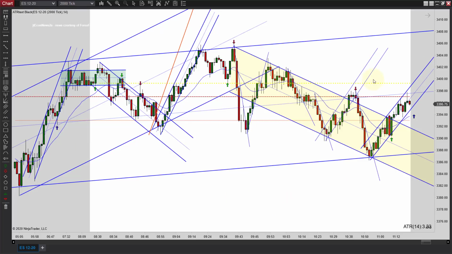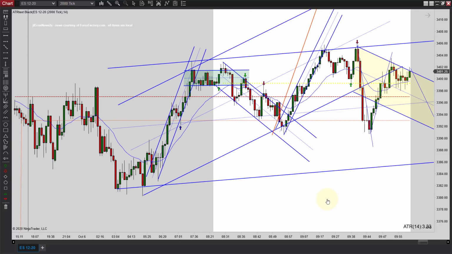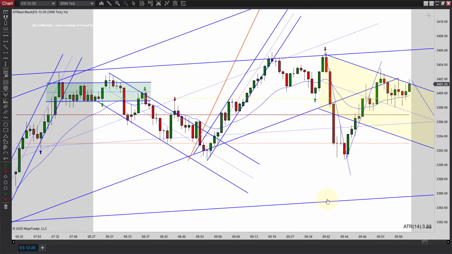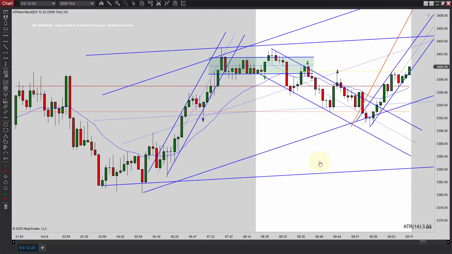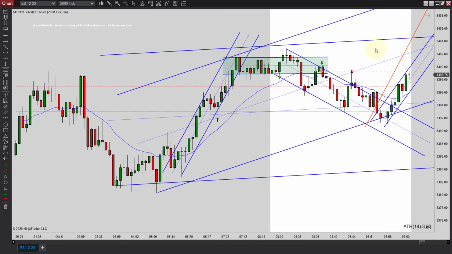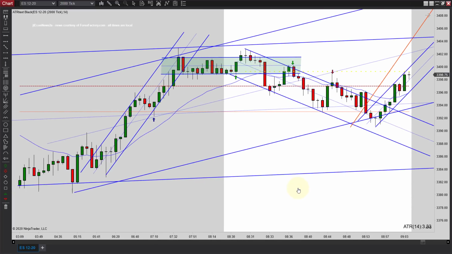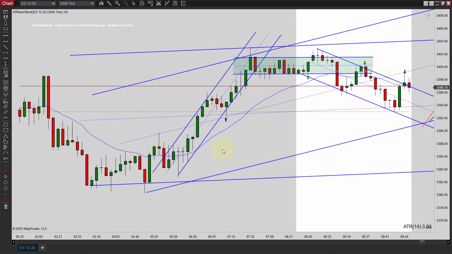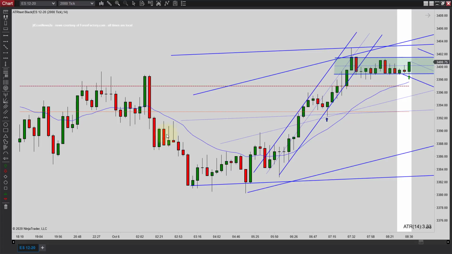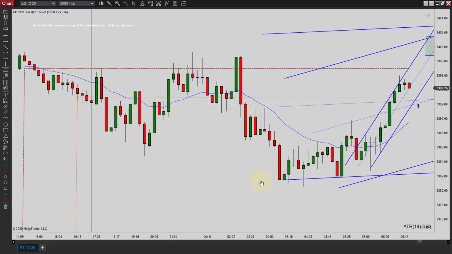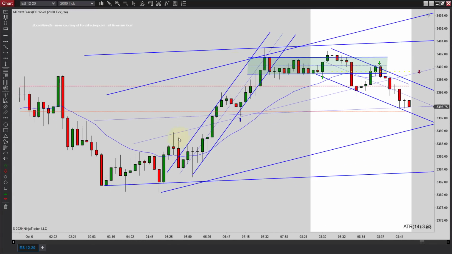Even though it's got a slight upward bias, you can trade that both ways. It looked like one time it might have even been a range day.